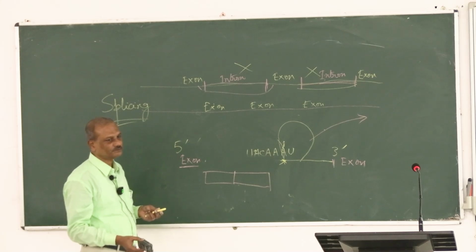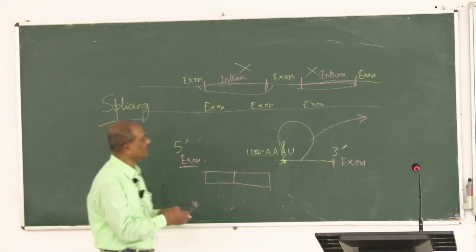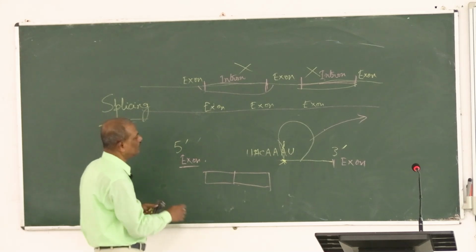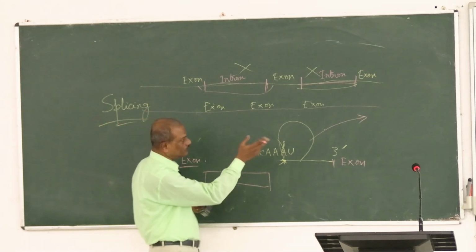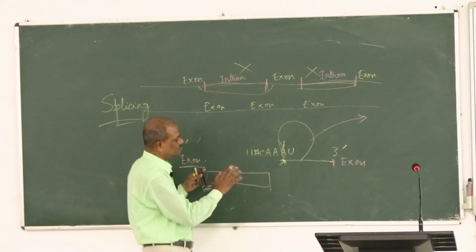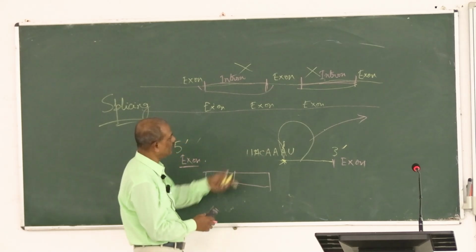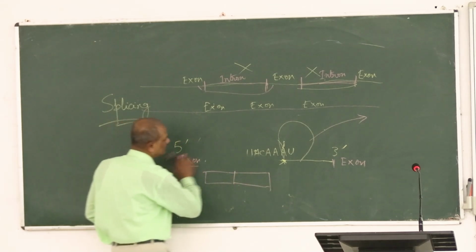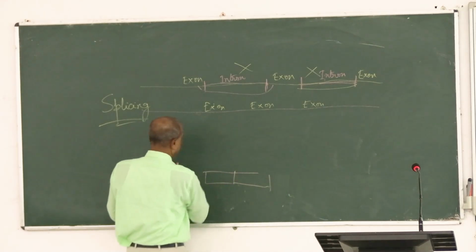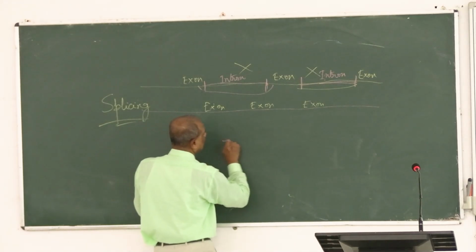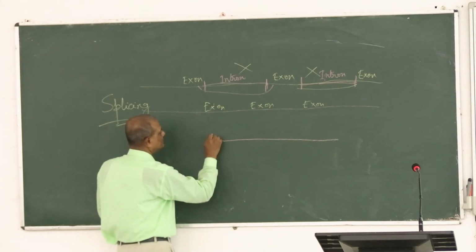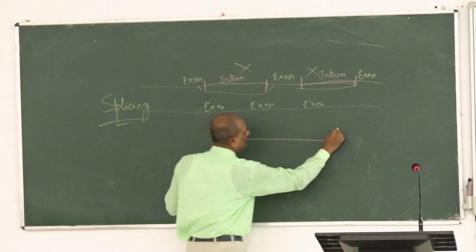spliceosomes. I will discuss it, you will see it in the slide that I will show you. With the help of spliceosome, this also can be cut. That is another way. Then after doing these things, this part has been formed. So then this is 5' end, this is 3' end.